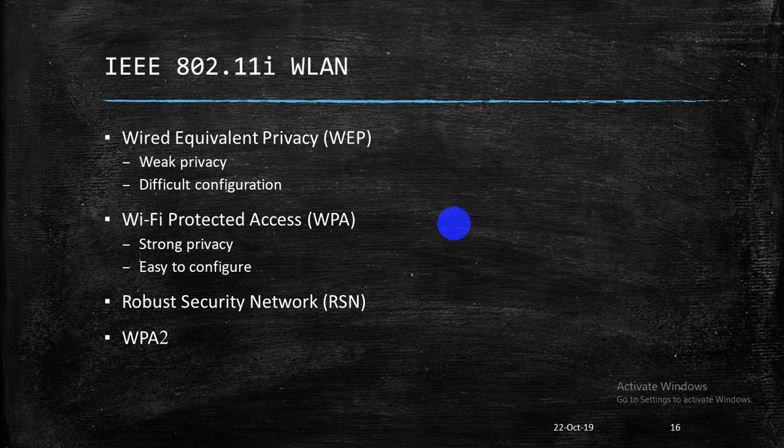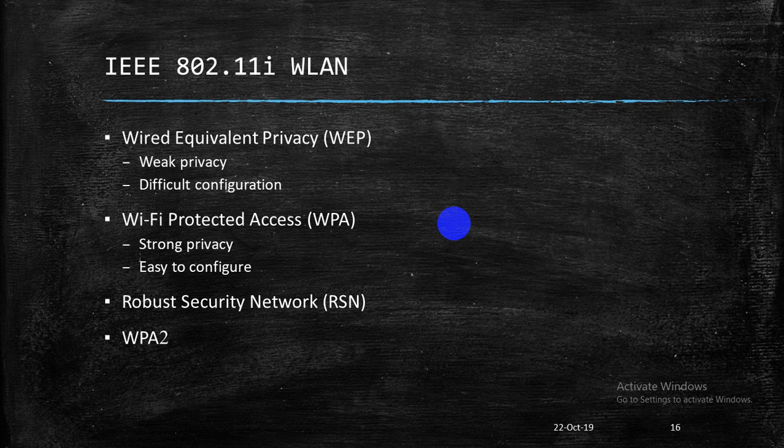And now the IEEE 802.11i WLAN. This is a protocol for wireless local area networks. Here are several types of security: WEP, WPA, and WPA2.